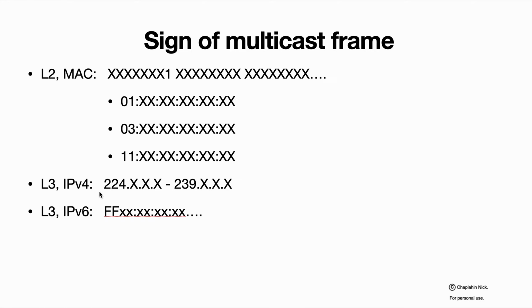For L3, we have a range of IPs between 224 and 239 that are multicast IPs. So everything in this range is a group ID, not a host ID. And for IPv6, this is FF and then group ID. Group ID can also be used to identify some specific protocol or specific control packet in a specific protocol or networking function as well.